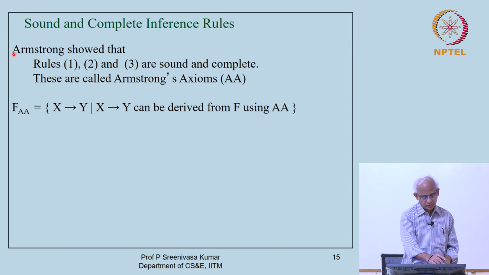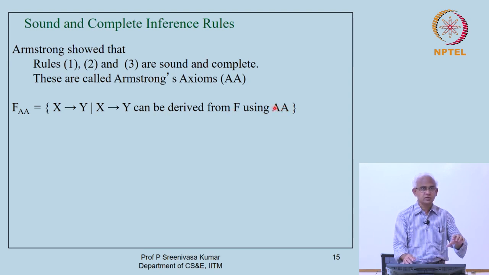What Armstrong has not only postulated are these 3 rules, but he has also shown that they are sound and complete. Suppose I define F subscript AA, standing for Armstrong's axioms, as the set of all functional dependencies x determines y that can be derived from F using Armstrong's axioms.